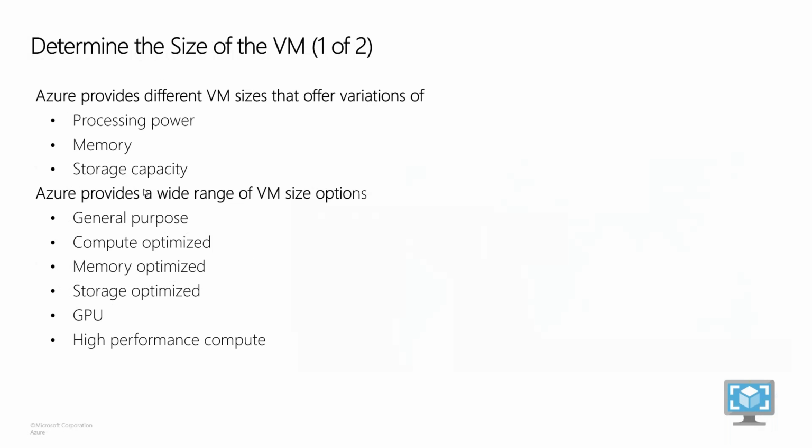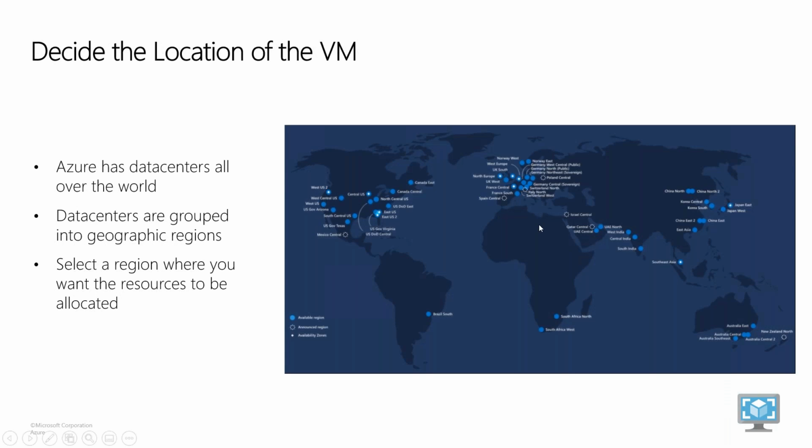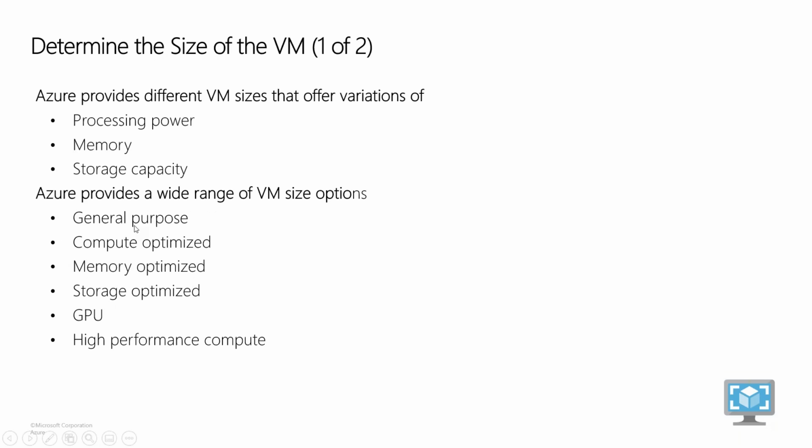You already know this is the region; basically these are all the regions. If you are creating a virtual machine, you should be specific about which region you create it in. It can be in the US or UK, or Australia, or India, whatever. Now, determining the size is something new.